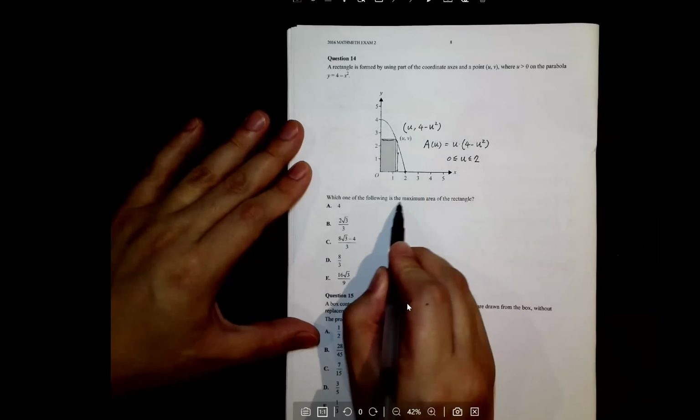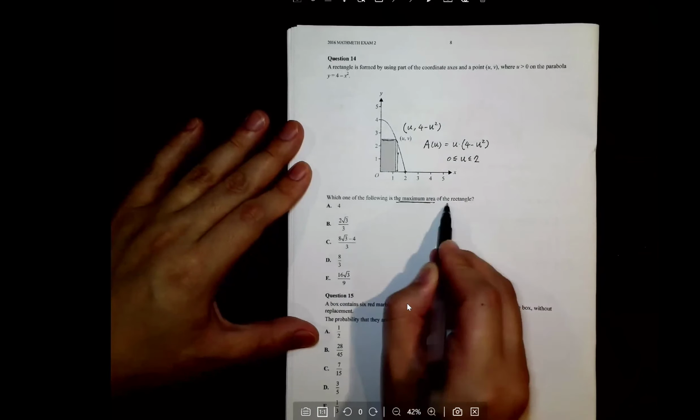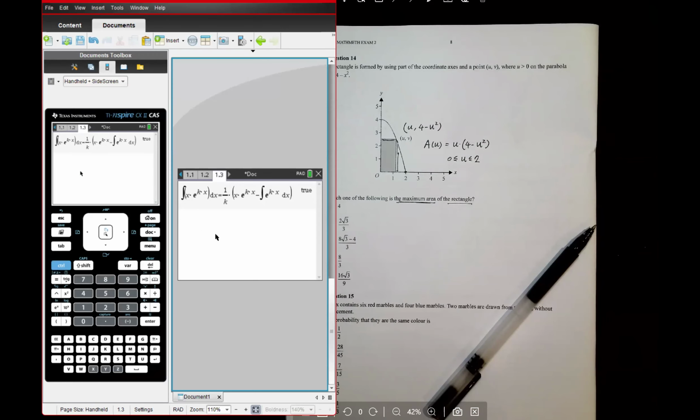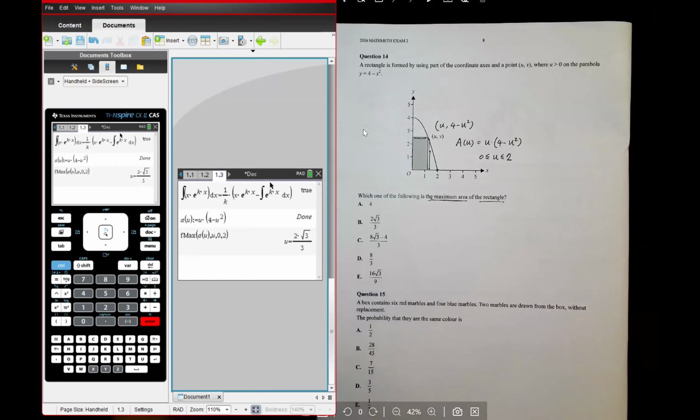And we would like to find the maximum area of the rectangle. For example, we can use a of u is assigned to u times 4 minus u squared. And then we use fMax, a of u, comma, u, comma, 0 to 2. And this is the u value. But notice this is the u value, not the maximum value itself. So you need to substitute the value u into the function.